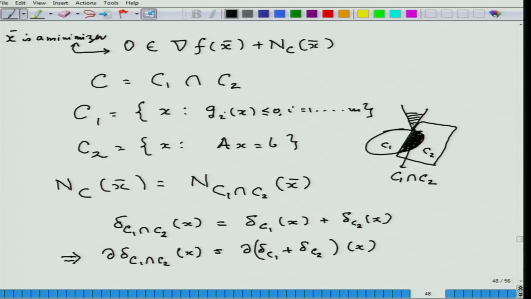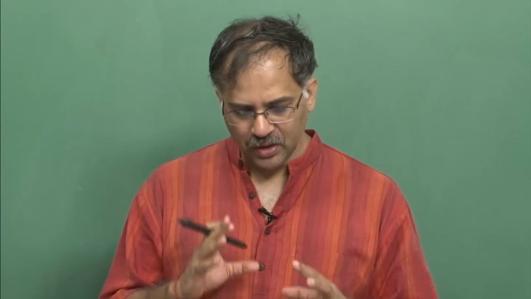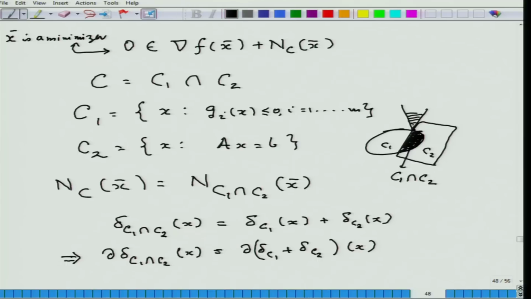Let me just tell you that the sum rule that we have learned is applicable. Assume that C1 and C2 have interiors, so the interior of C1 intersection the interior of C2 is not empty, like this one.